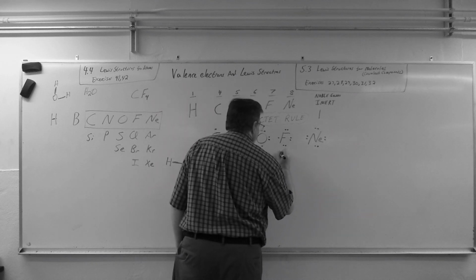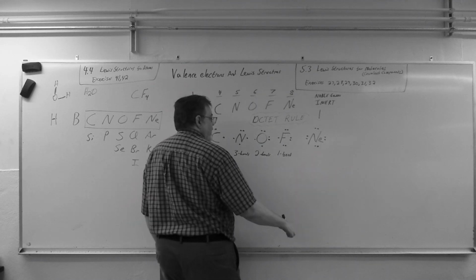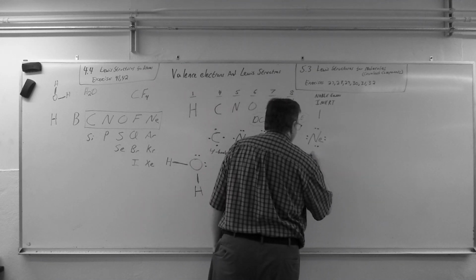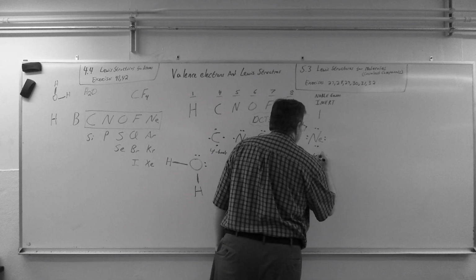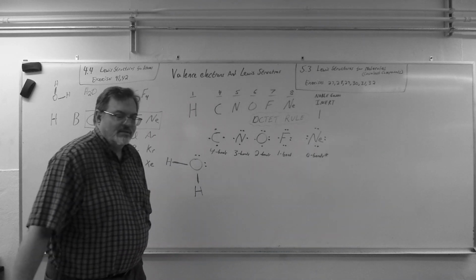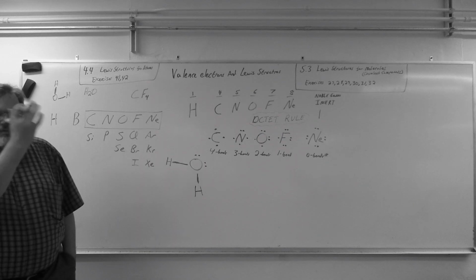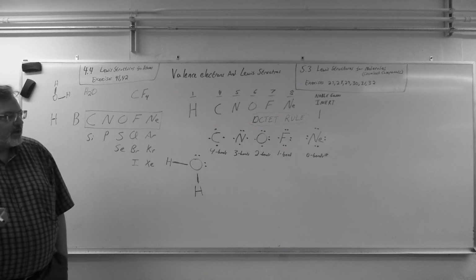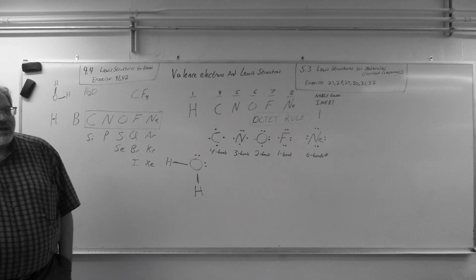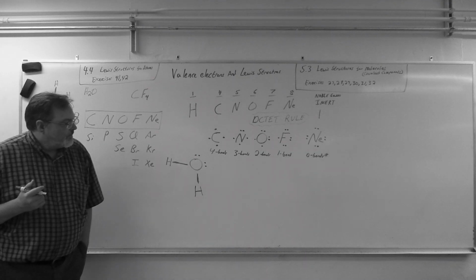Fluorine has 1 unpaired, so it tends to make 1 bond with another atom, and the noble gases, I'll say 0 bonds. I'm going to start by saying it does do covalent bonding sometimes. But don't overthink that. It's kind of a rarity, but I have to use some of these noble gases for some of the examples later.